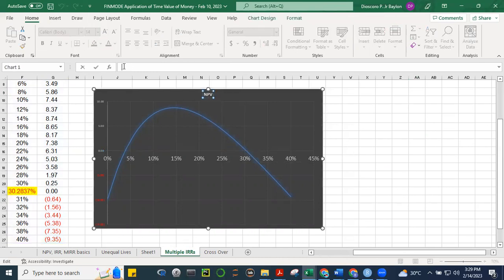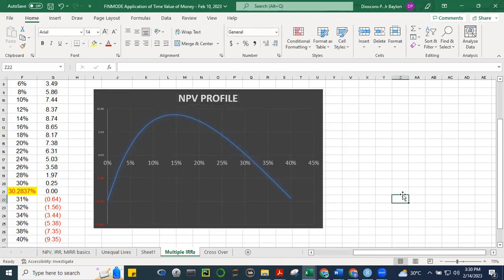Ang tawag natin dito, NPV profile. Capital letters natin. NPV profile. Okay.